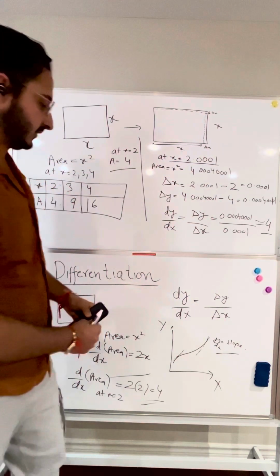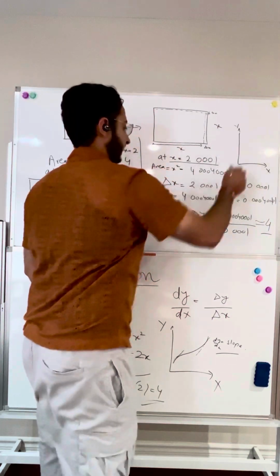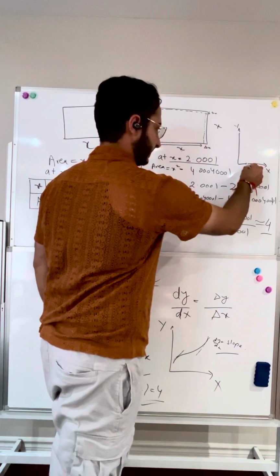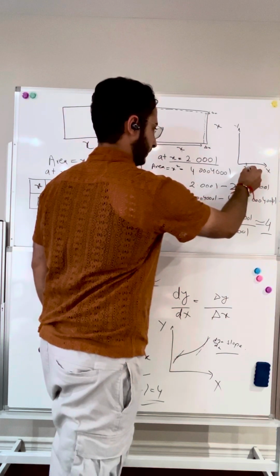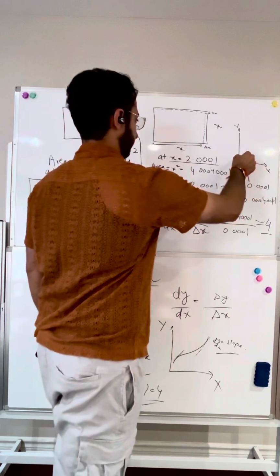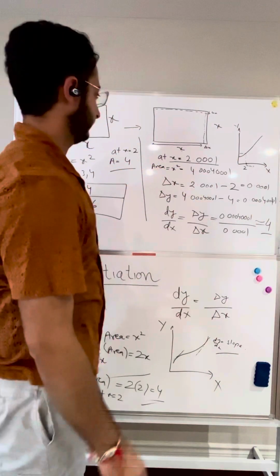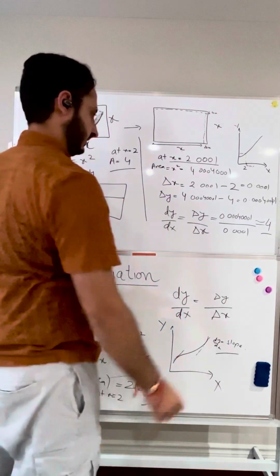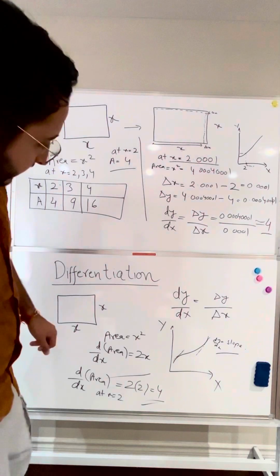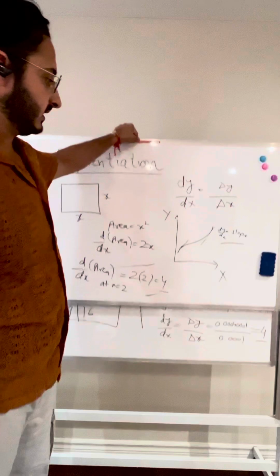If I draw a graph of x and y, 2 is somewhere here and 2.0001 is right next to it on the right-hand side. And if we draw a graph, obviously we won't be able to see a massive difference between these two. But we are able to derive a formula based on it using differentiation. So this is what differentiation is and how we use it.